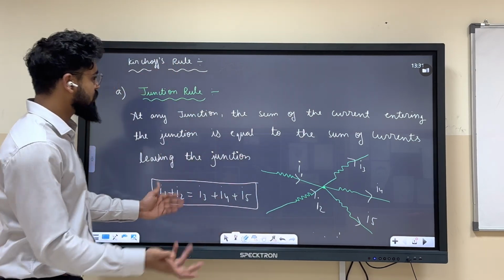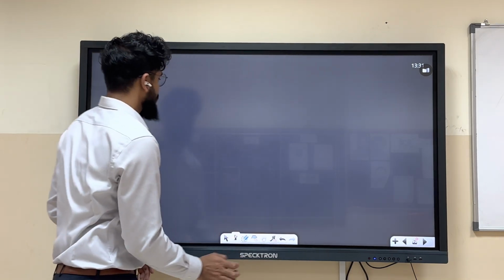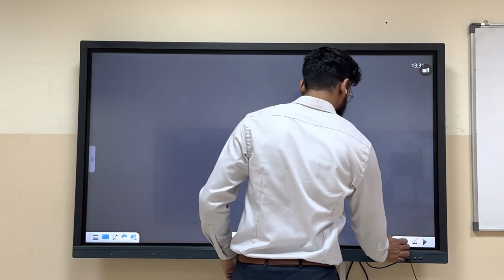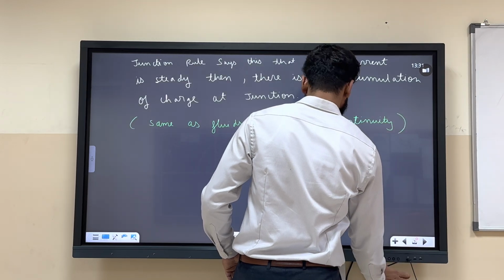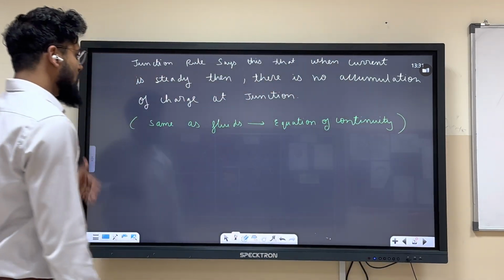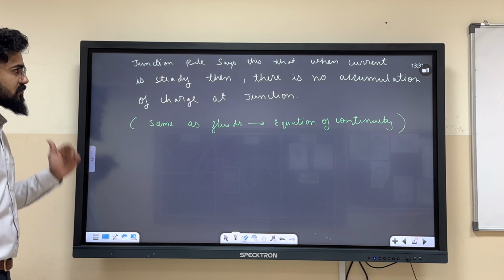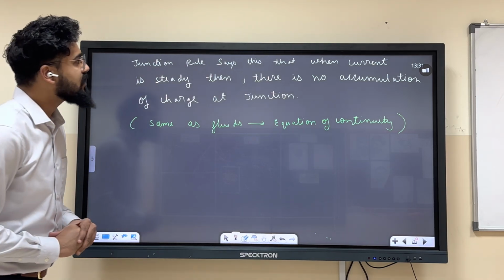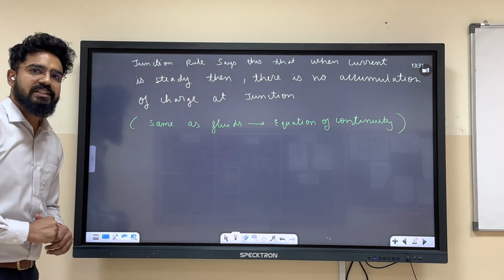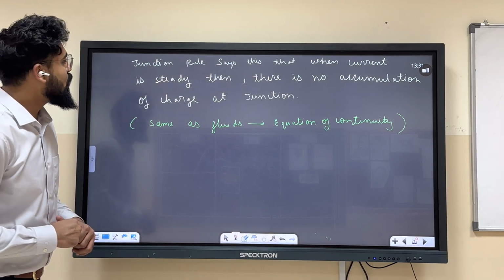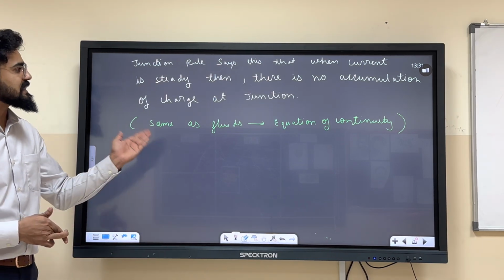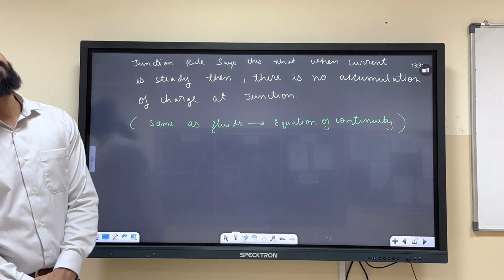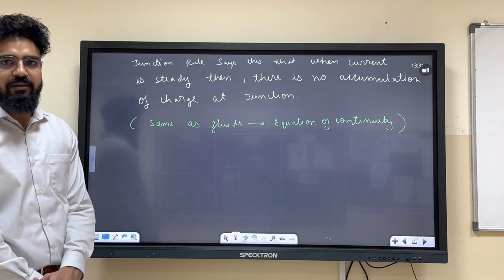So the junction rule says that when current is steady, there is no accumulation of charge at the junction. It is the same as the equation of continuity in fluids. Are we getting it? Correct?